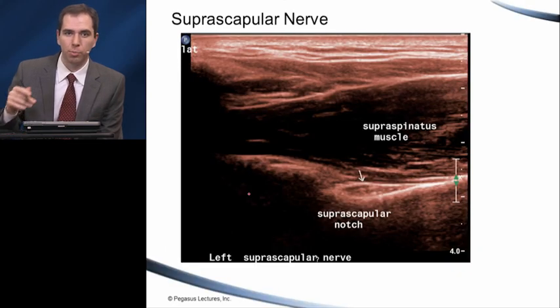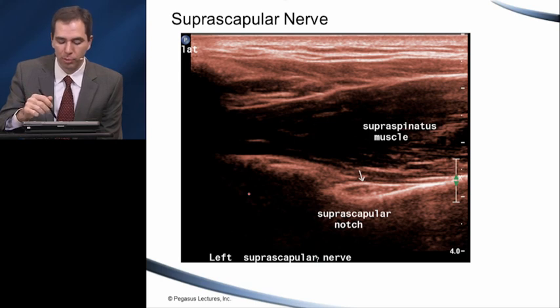So this is the suprascapular nerve within the suprascapular notch beneath the supraspinatus muscle. In most larger patients, you can't see it that well because it is very deep, but you can definitely see if there's any mass in the suprascapular notch that might be compressing the nerve. And then you also look for any atrophy of the supraspinatus muscle.